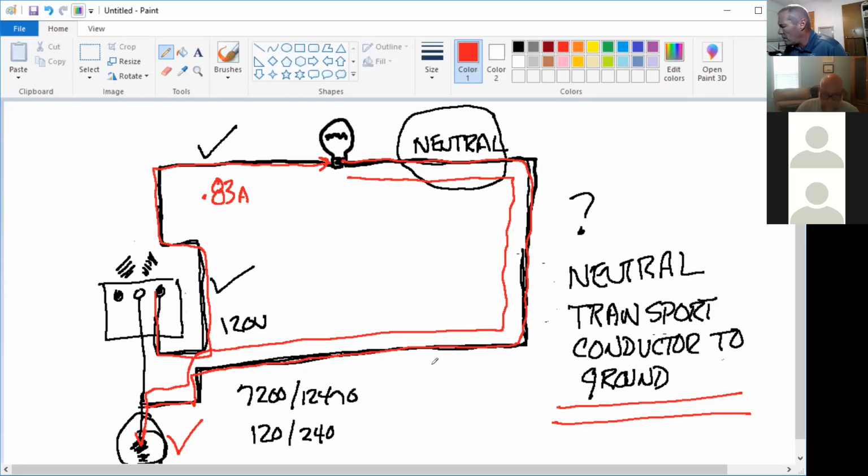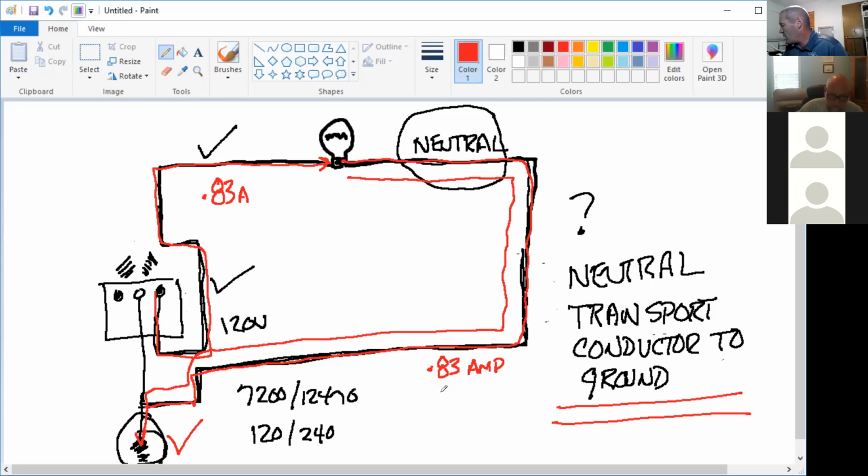There's 0.83 amps on the neutral also. How many volts are on the energized conductor going to the lamp? 120 volts. How many volts are on the neutral wire going back to ground?